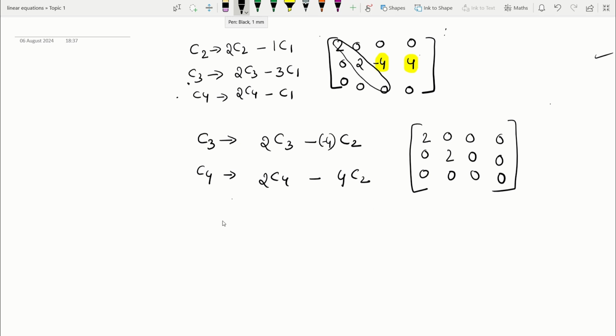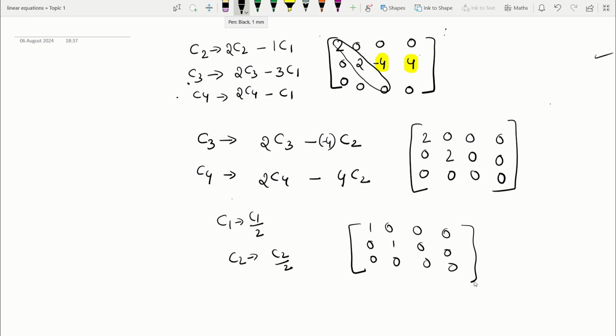Then C3 element what? Minus 4, na? The column 3 element you want to change is minus 4. Please write that. And the corresponding C2 element 2 is there, write down here. And again C4 element is 4, write down here. C2 element is 2, write down here. That's all.